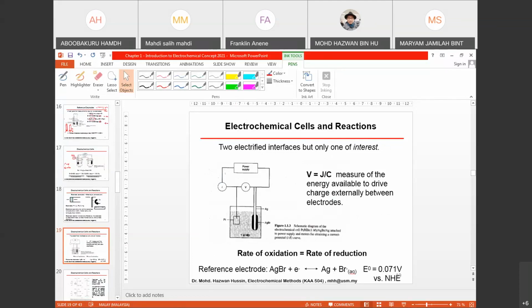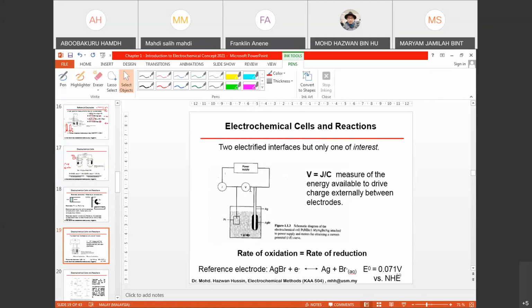There are two electrified interfaces, but only one is of interest. When I talk about the interface between the working electrode and the reference electrode, you will see that the process most likely occurs over here: the charge transfer and mass transfer processes, which create an interface.